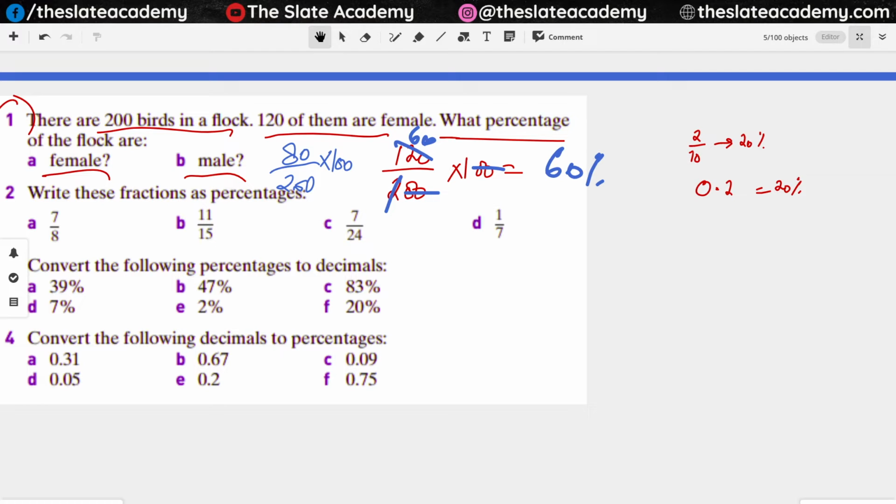Ms. Noor, what's the answer for male birds? Percentage of male birds in the flock. Ms. Noor, are you there? What would be the percentage of male birds in the flock? 60% are female. So male would be how many?